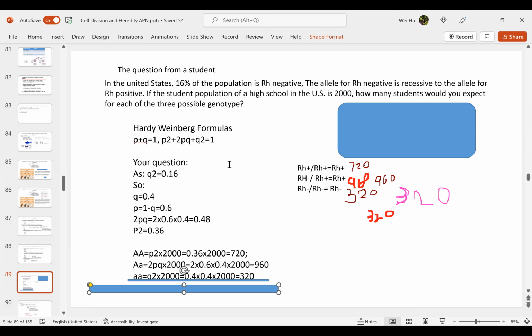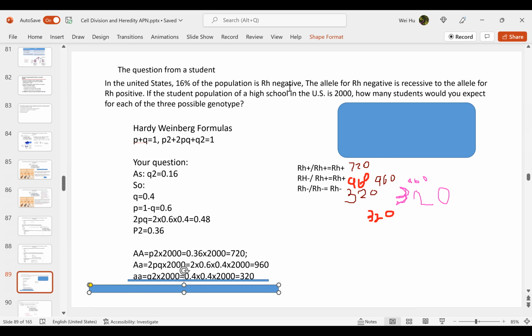Okay, so now let's see this one. So let's review P plus Q equal to 1. Then you generate this second equation. So your question, right, has Q squared equal to 16%. Why is it Q squared, not Q? Because they already told you it's Rh negative.